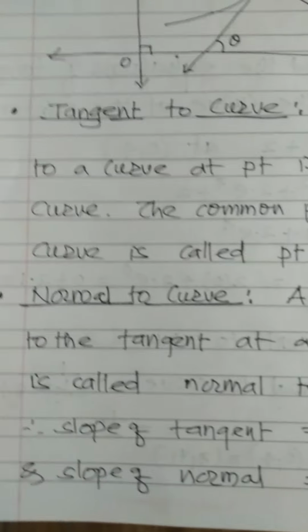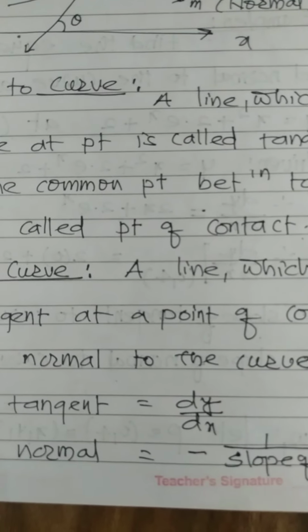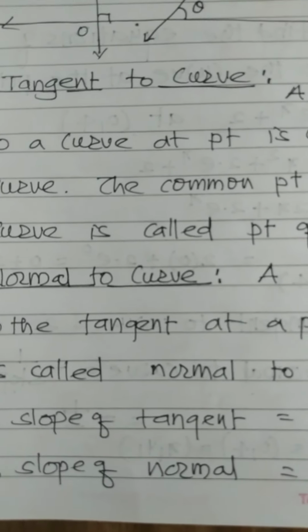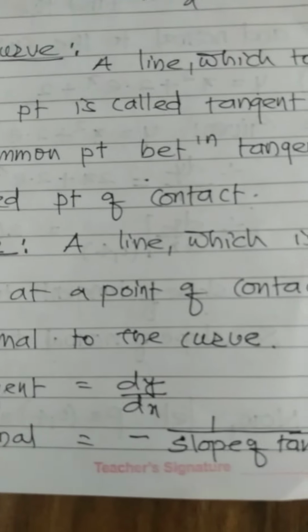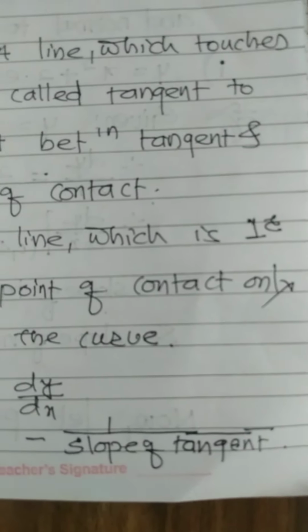The slope of the tangent for any curve is dy by dx, and the slope of the normal, because of perpendicularity, is minus 1 upon the slope of the tangent.